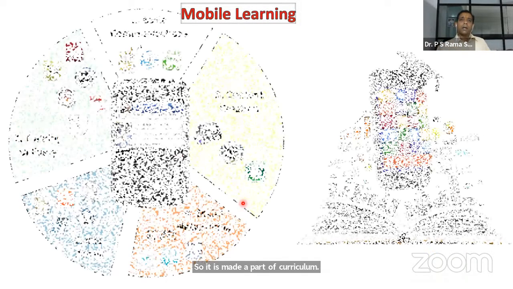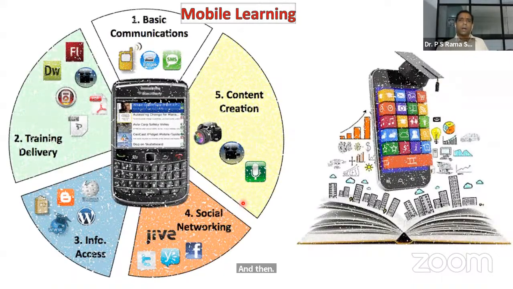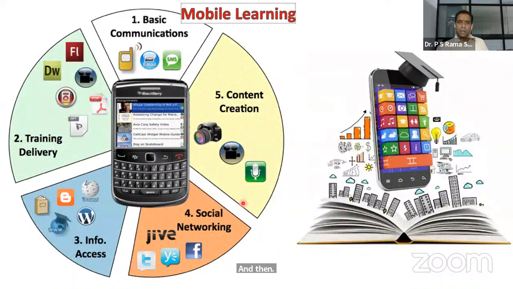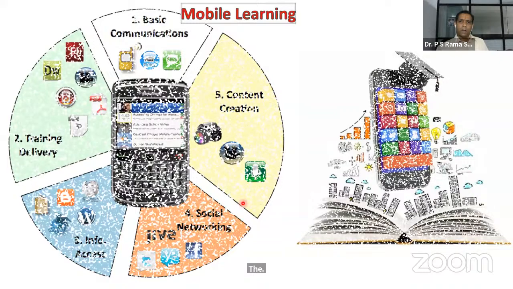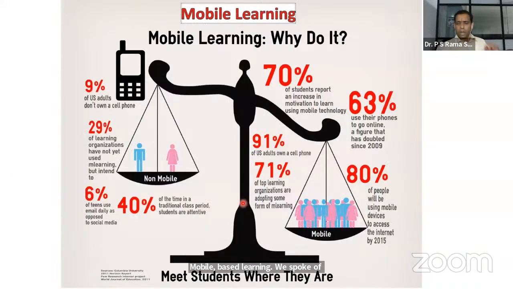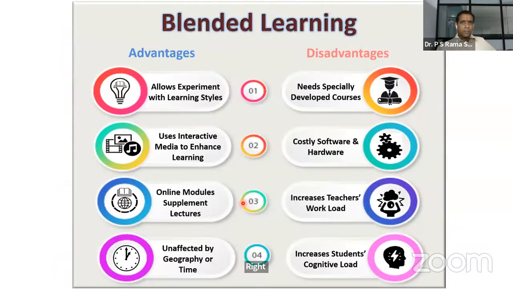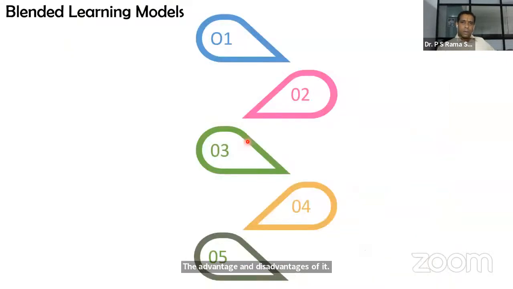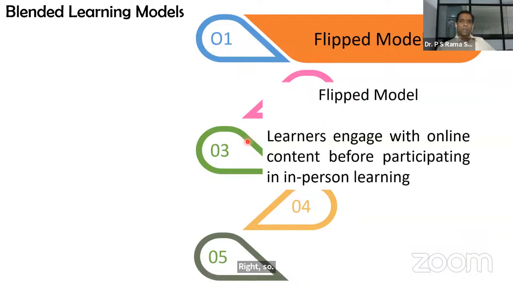And then the mobile-based learning we spoke of, right? Why mobile learning, some of the advantages and disadvantages of it. And then blended learning, the advantages and disadvantages of it, right? So blended learning models are there again. Flipped model is there. What is the flipped model, right?